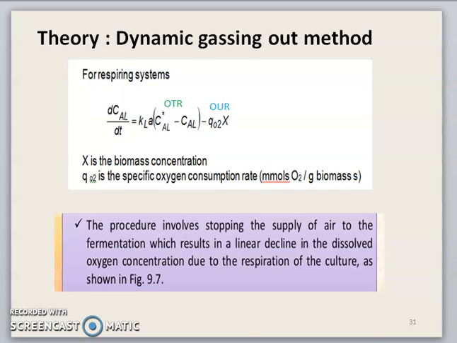So for the respiring system, which is the system with microbes, dCL over dt is equivalent to KLA times (C star minus CL) minus QO2 x. KLA (C star minus CL) refers to the oxygen transfer rate, and QO2 x refers to the oxygen uptake rate.